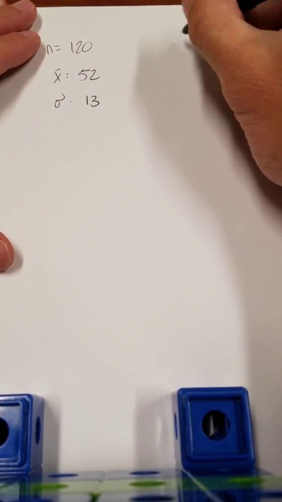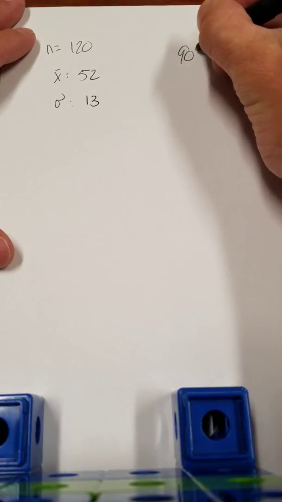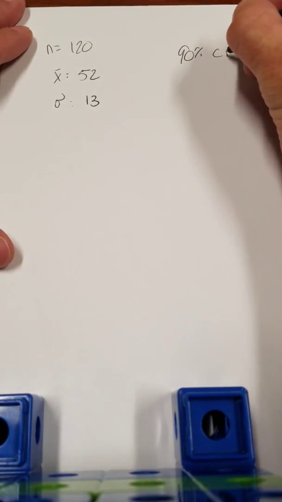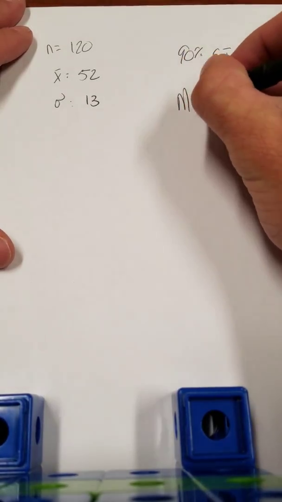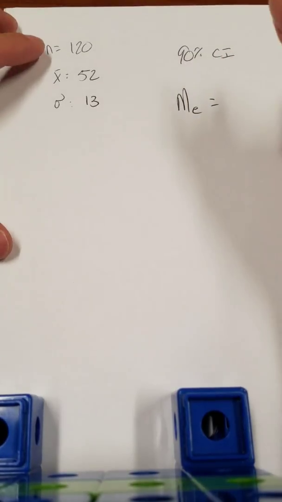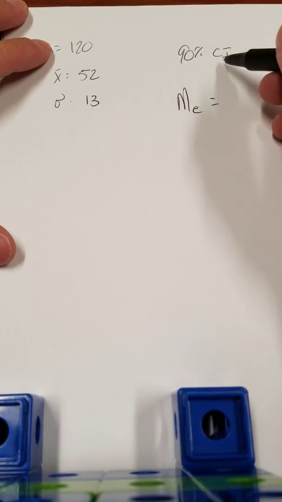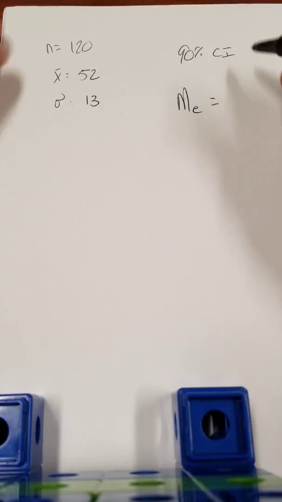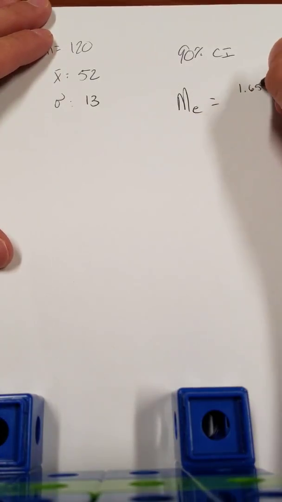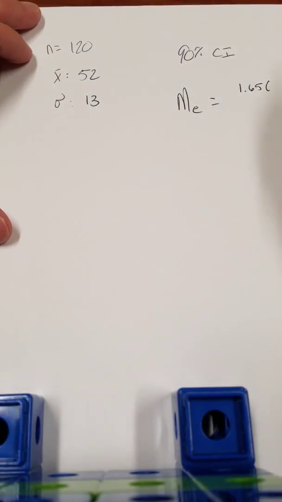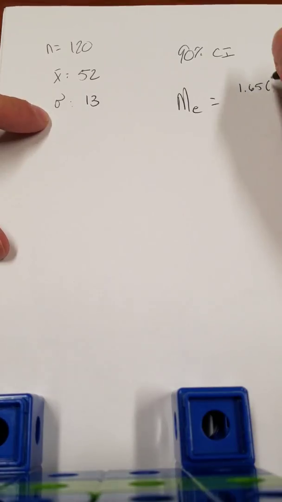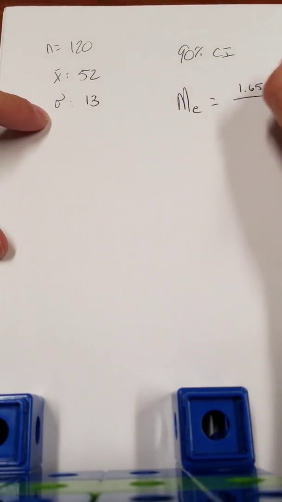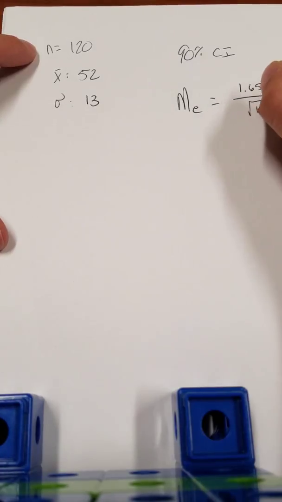So let's say that we want to find the 90% confidence interval. So the first thing that we find is the margin of error. And margin of error is going to equal Z star. So our Z star of 90% is 1.65 times standard deviation, which in our case is 13, divided by the square root of 120.